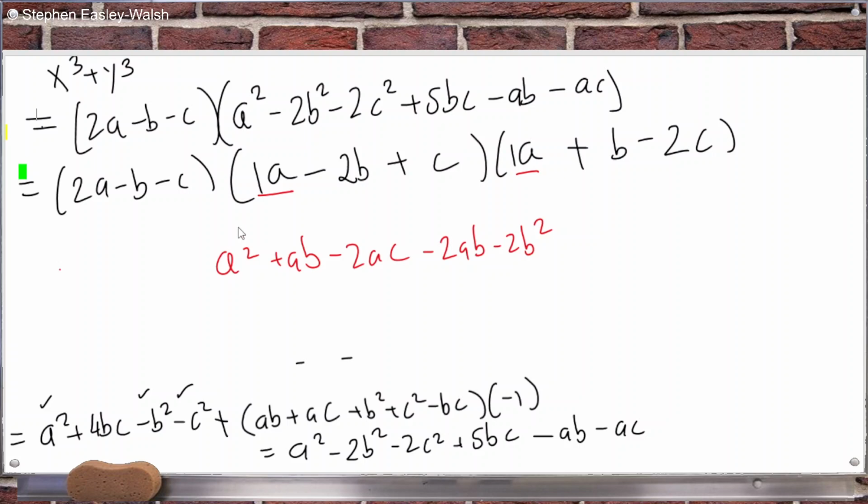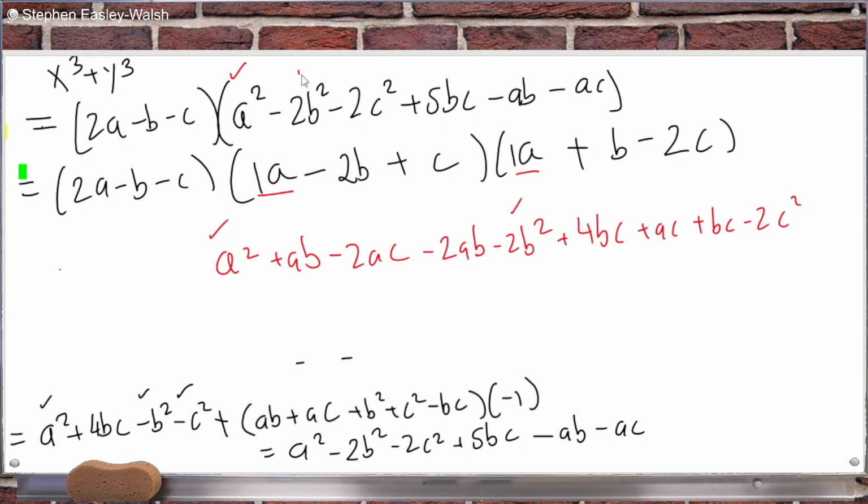Alright, let's see, where was I? A squared plus ab minus 2ac minus 2ab minus 2b squared plus 4bc plus ac plus bc minus 2c squared. So that's a squared. Where's my b squared?